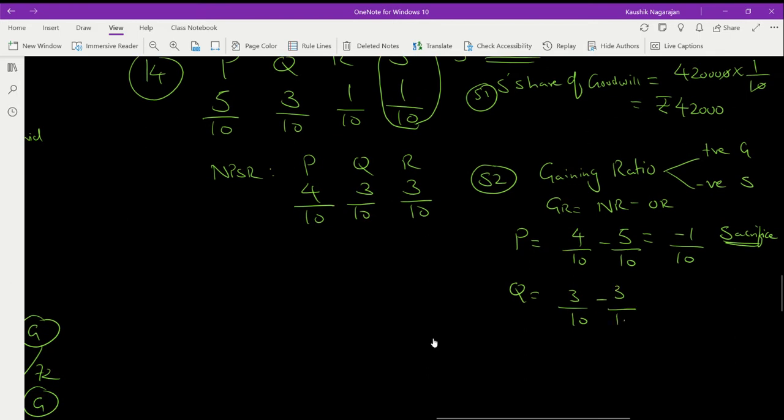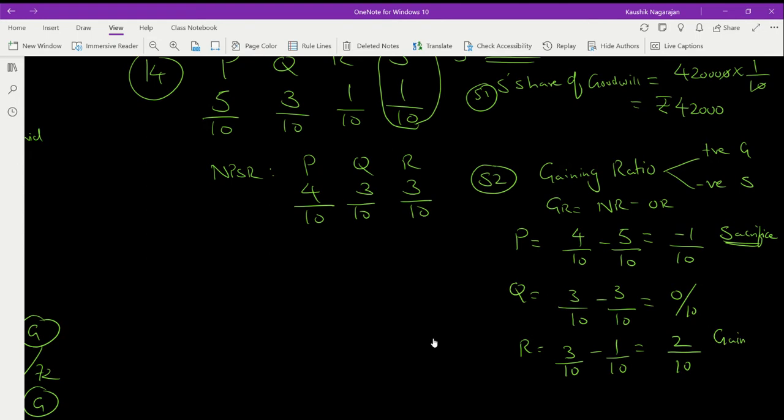That means 0 out of 10, so no gain, no sacrifice by partner Q. Now calculate for R. The new ratio is 3 by 10 minus the old ratio 1 by 10. This gives a positive value, 3 minus 1 is 2 by 10, which means partner R is gaining.